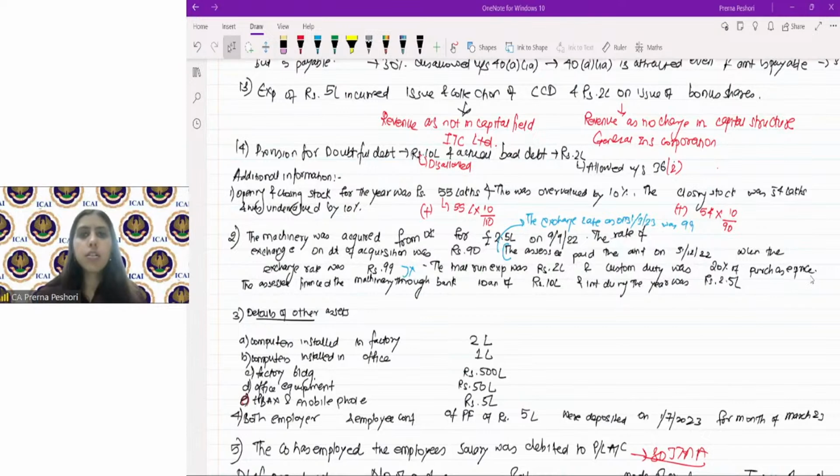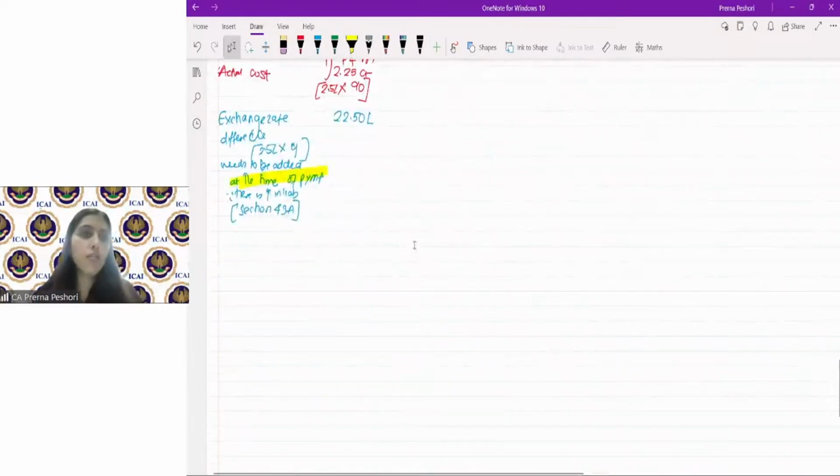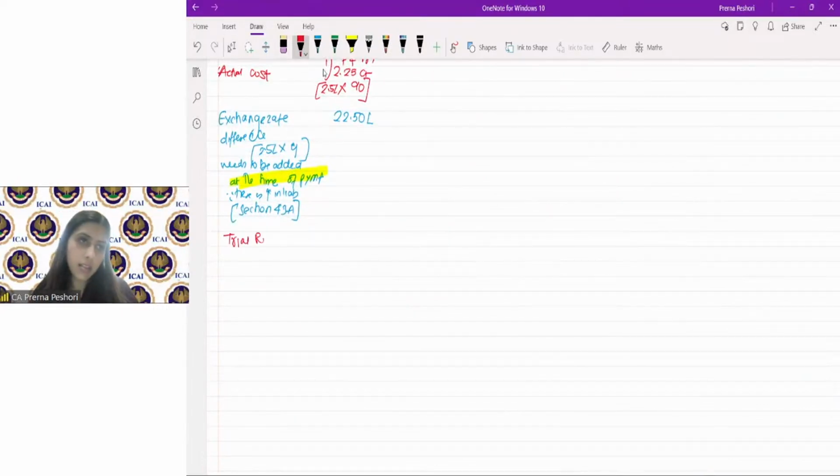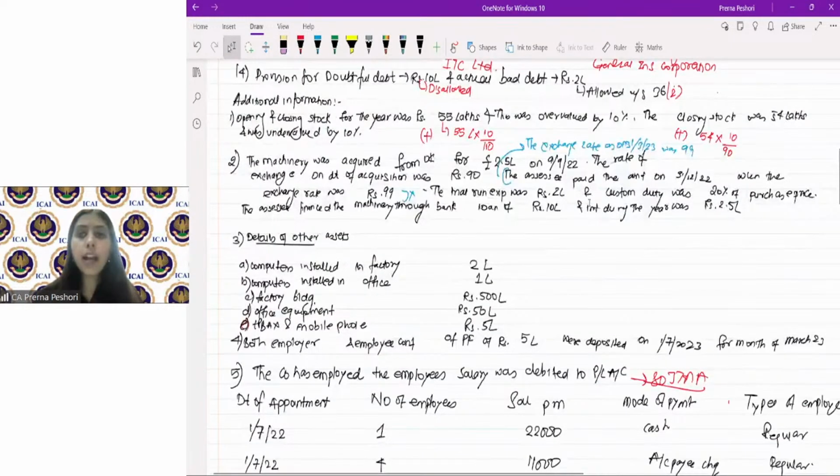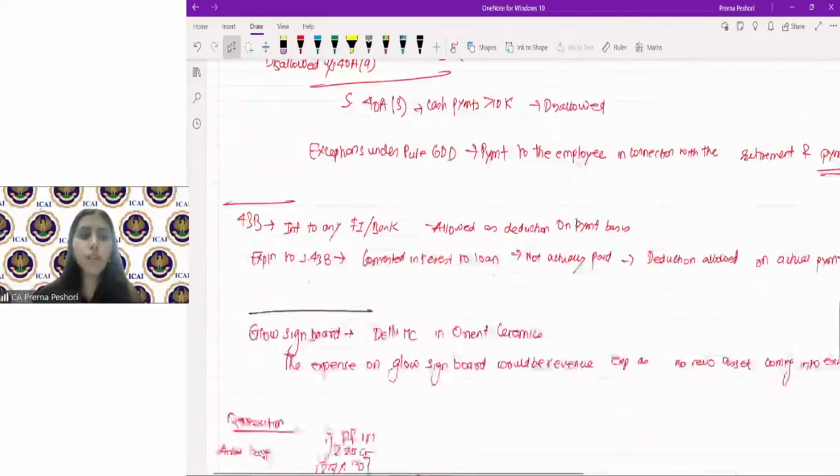Okay, perfect, Kaushiki. So the trial run expense and the custom charges, right? Trial run and the custom charges. What were the expenses? 2 lakh and 20% of the purchase price.